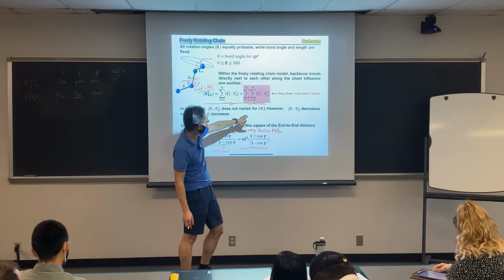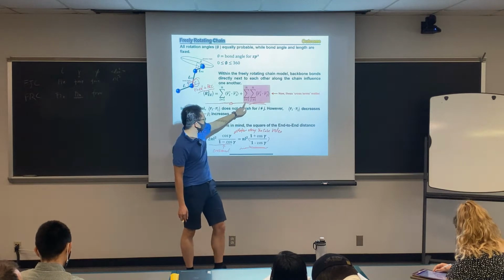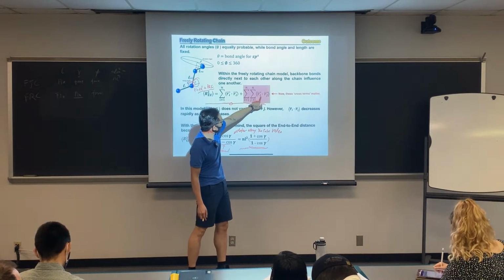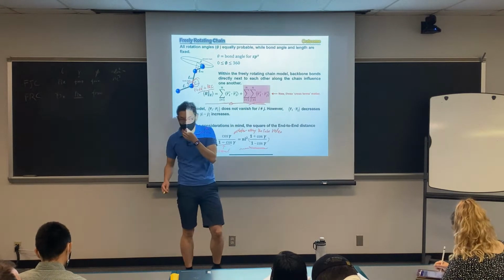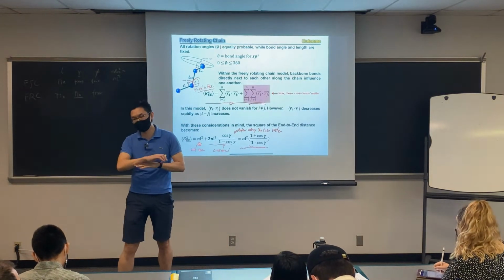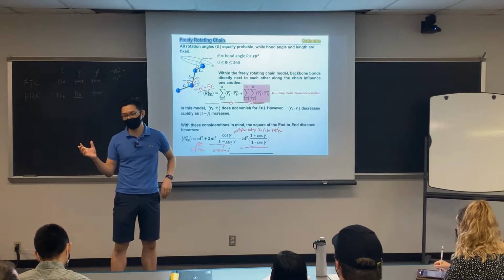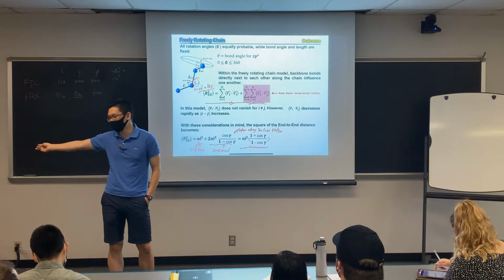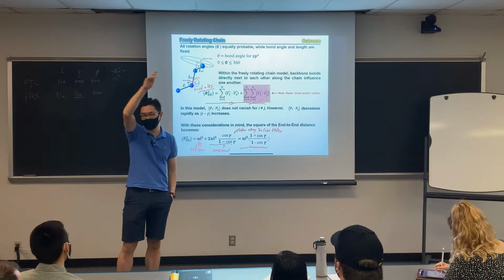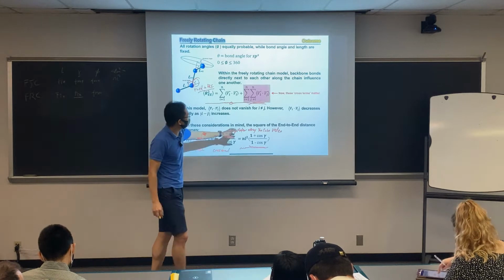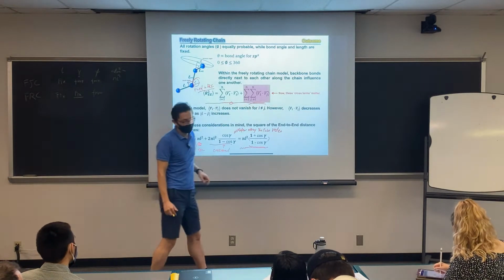We also arrived at a conclusion: when i equals 1 to n, j not equal to i, the Ri dot Rj terms, all the angle terms, are going to average out, because in the free joint chain the chance of a bond pointing north is equal to pointing south, since there is equal probability in all directions. So this term was 0.